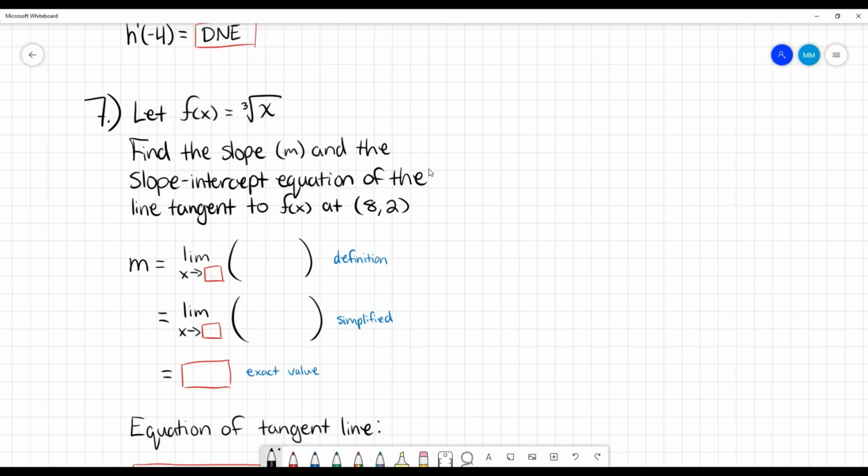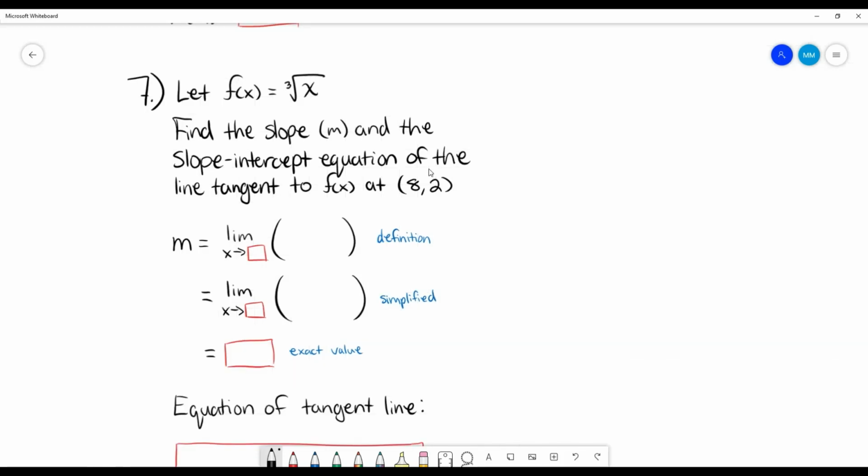Number 7 now, we're given f of x equals the cube root of x, and we want to find the slope of this function at the given point, which is 8, 2, and come up with the slope-intercept equation of the tangent line at that point.